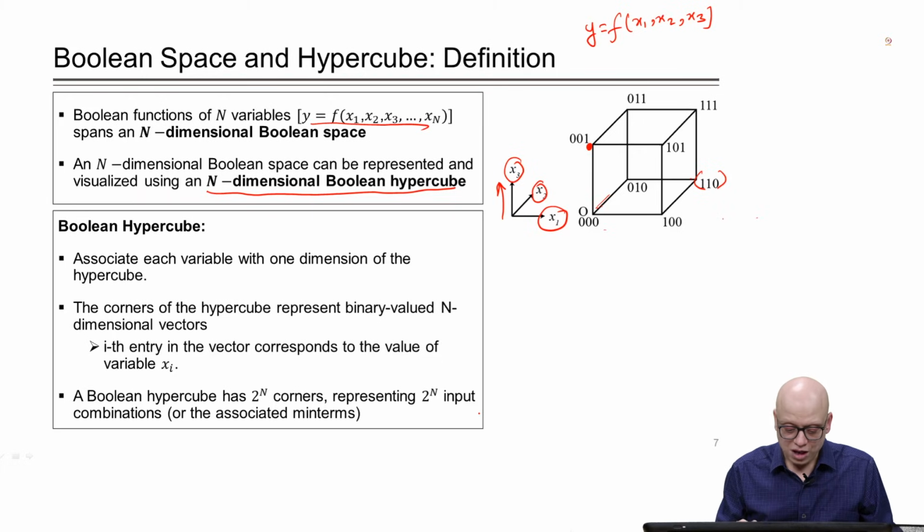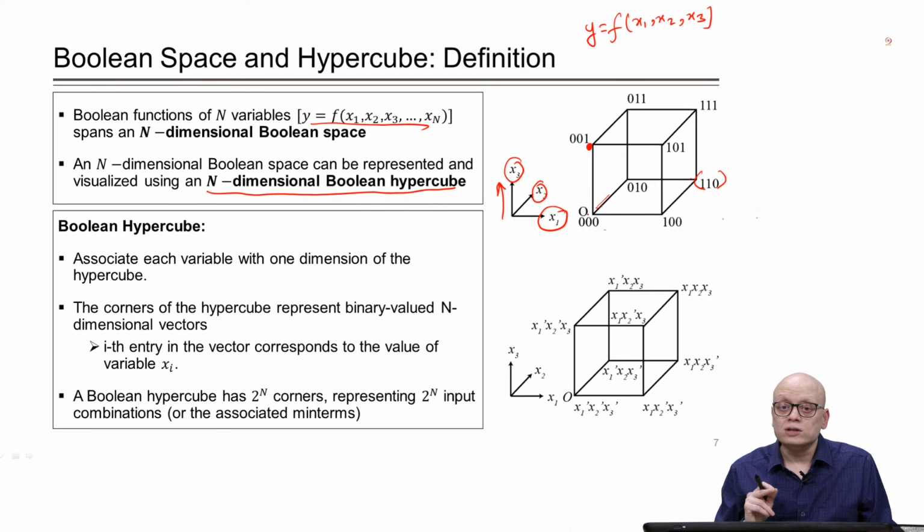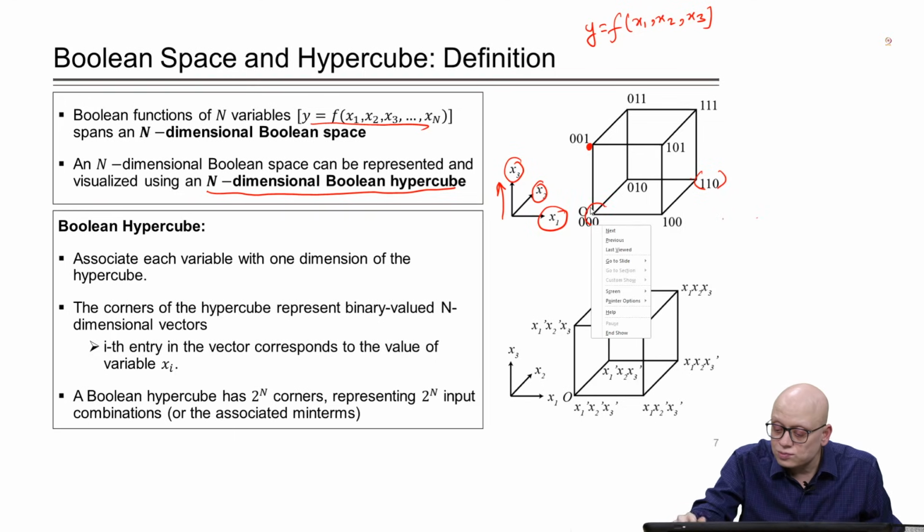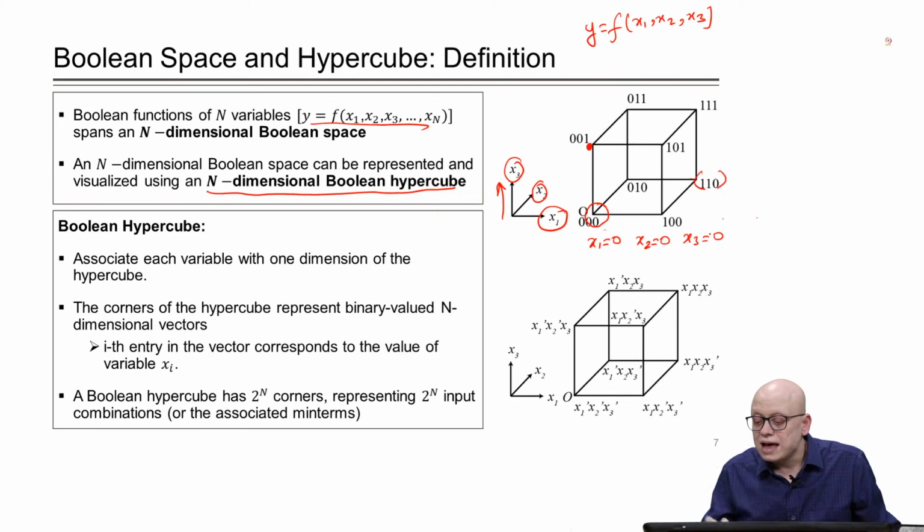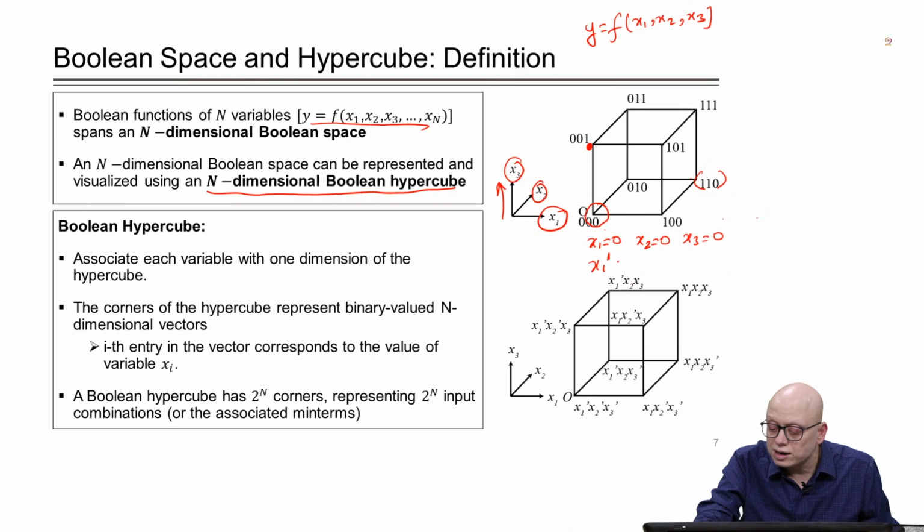So, we can also associate each corner with a minterm, similar to what we had done for the truth table. For example, for this corner, x1 is equal to 0, x2 is equal to 0 and x3 is equal to 0. Since all of them are 0, we can write x1 bar, x2 bar and x3 bar.